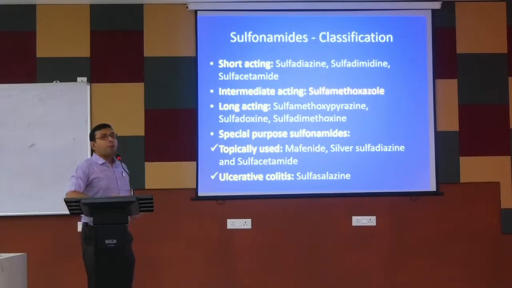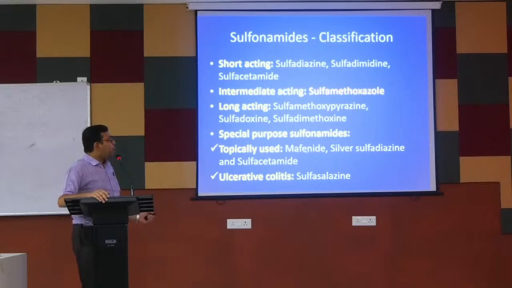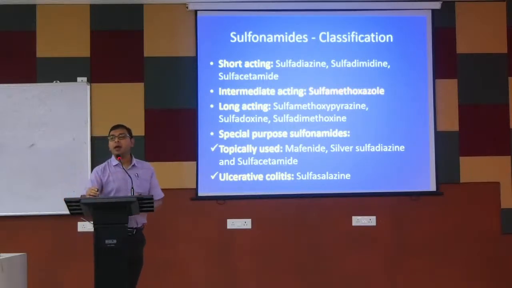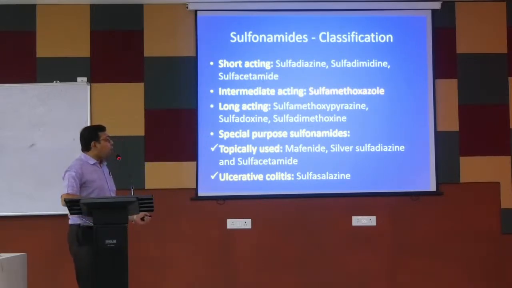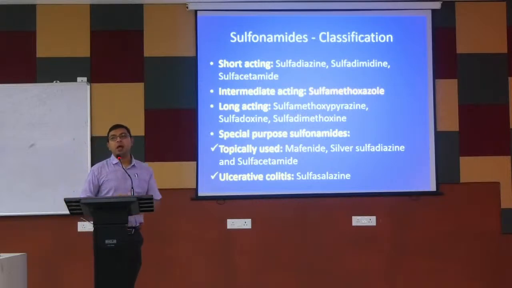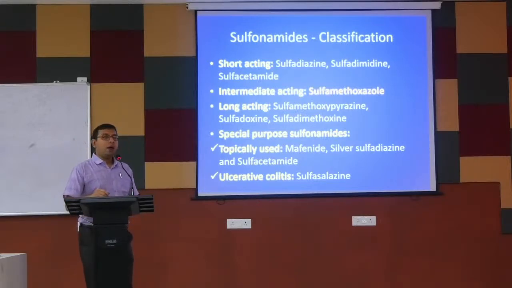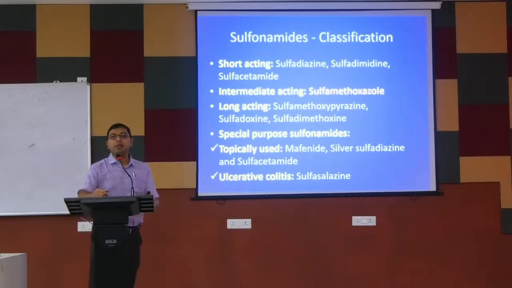There are some special purpose sulfonamides, that can be given as topical agents, like mafenide, silver sulfadiazine, and sulfacetamide, as a cream or ointment. And for ulcerative colitis, an inflammatory bowel disease, sulfasalazine, another derivative of the sulfonamides, can be used.